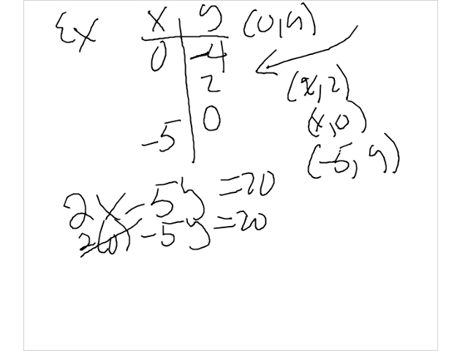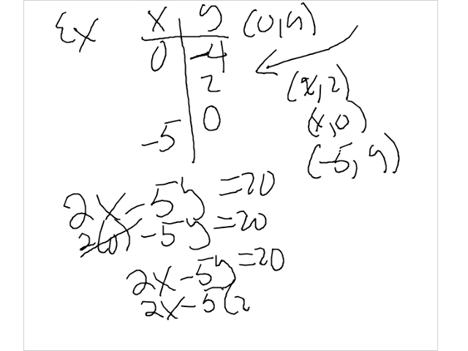Okay, then the next one tells us to go back to that same equation, 2x minus 5y equals 20, but this time we're going to put in 2 for y and solve for x. Okay, and this would give us 2x minus 10 is equal to 20.